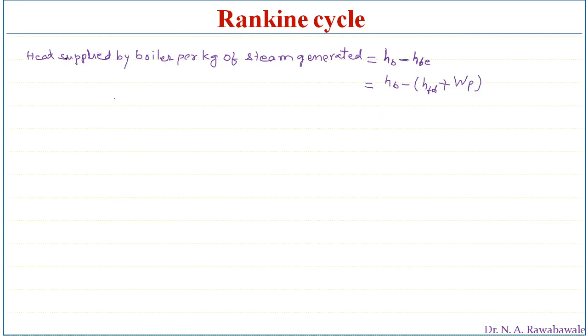Now here WP is the work done by the pump per kg of water pumped to the boiler.